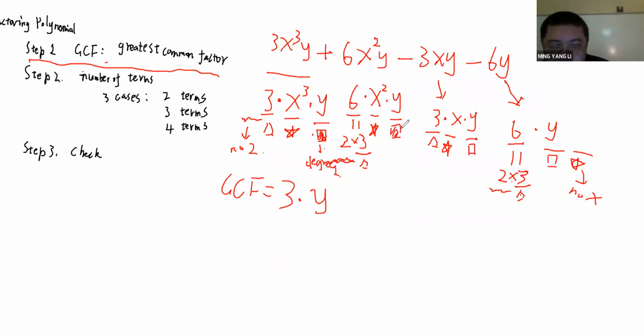In the second, y is degree 1. In the third, y is degree 1. And in the last one, y is degree 1. So what is the common part? Because all these factors of y are degree 1, the largest possible power you can find for y as a common part is just 1.